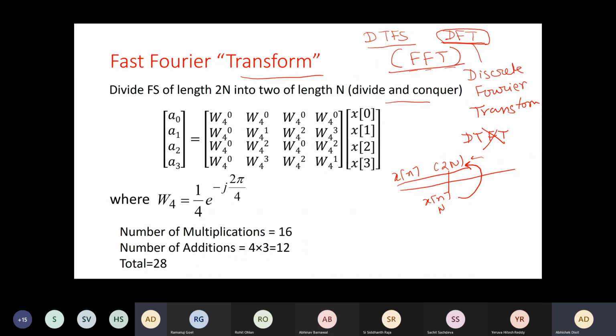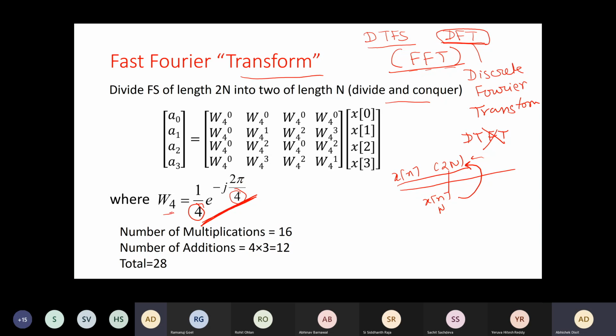So instead of using the previous matrix, let me change my notation slightly. It's just a notational difference. So I am defining this thing as W4. Why? Because it's just a function of what this quantity is, and this quantity is 4.